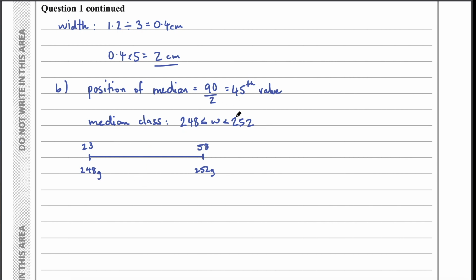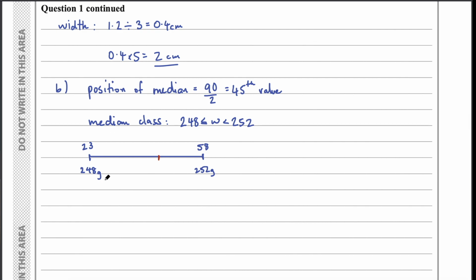And we said the 45th value is the median. So that's going to fall somewhere in here. Let's just do a different color. So let's say it's roughly here, maybe. It doesn't have to be to scale, but this is just for illustrative purposes.